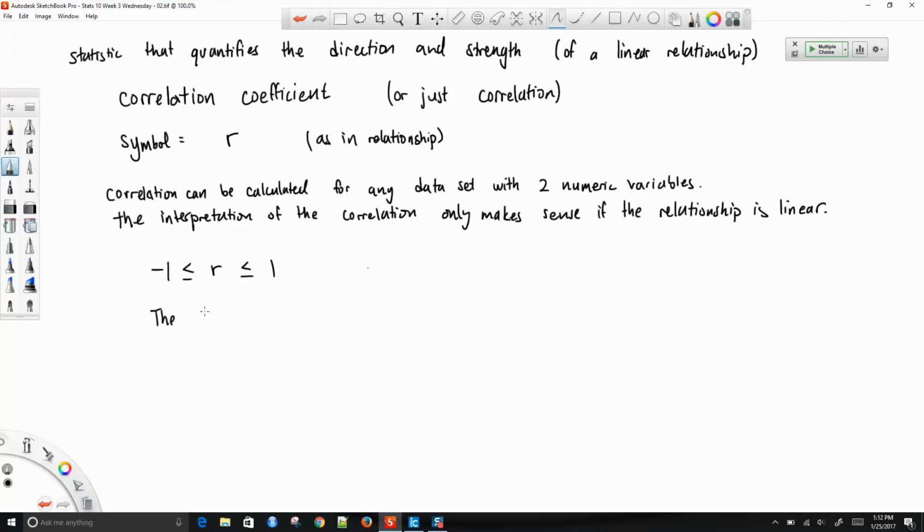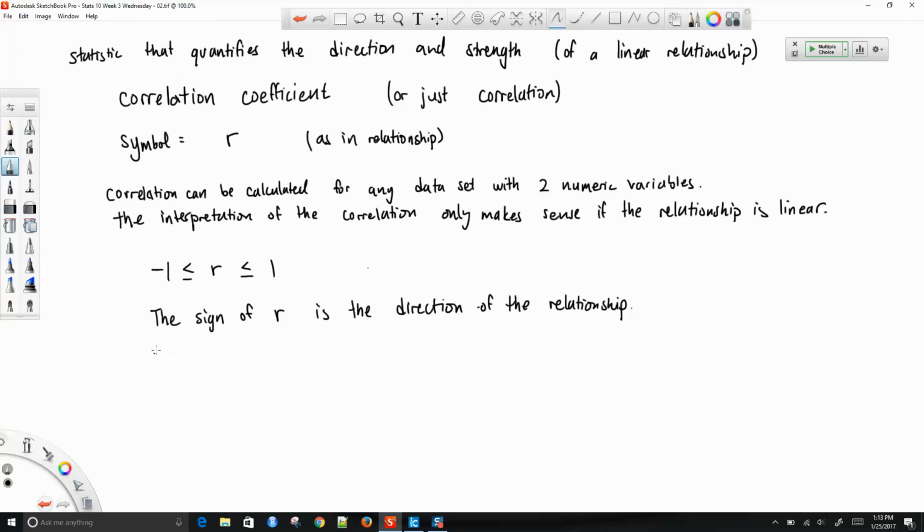The sign of R, the sign of the correlation, is the direction of the relationship, meaning if R is positive, the direction is positive. If R is negative, the direction is negative.